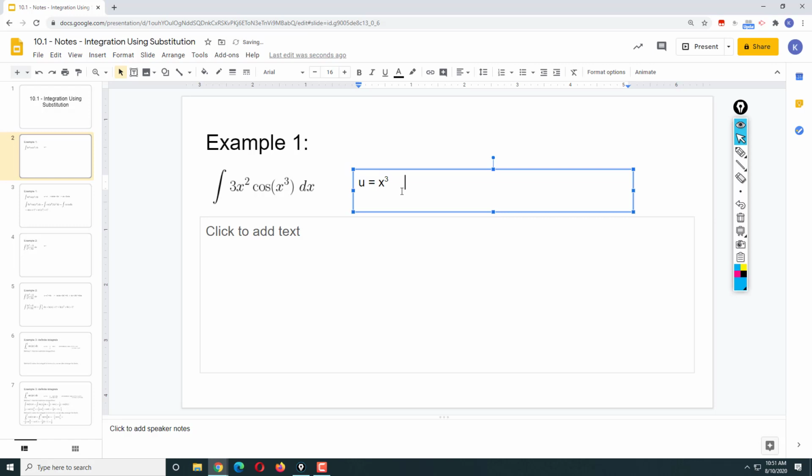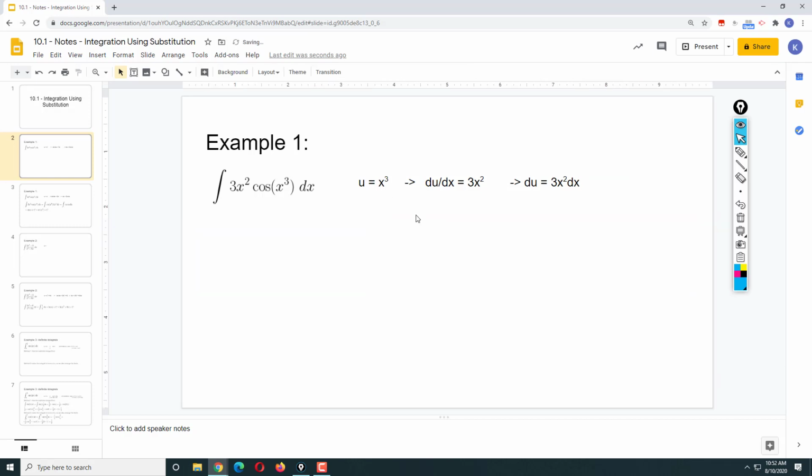If u equals x cubed, then du over dx, the derivative, is 3x squared. In other words, du must be equal to 3x squared dx. If that's the case, then we can calculate this integral.